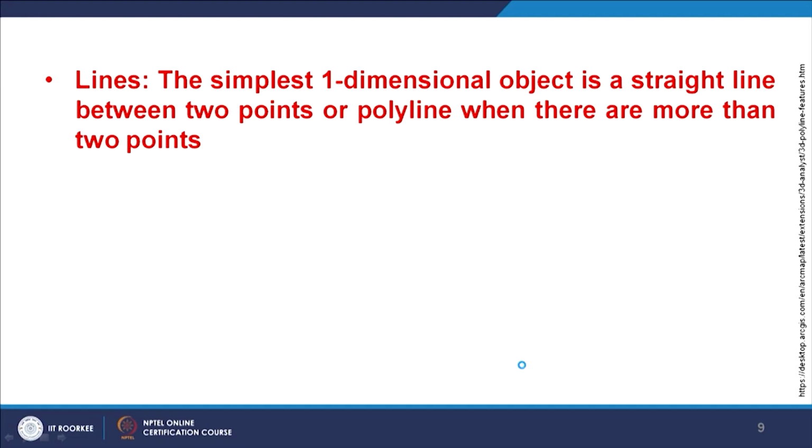But if it is a polyline, as in the example I showed, we had one begin point, one end point or node, and in between we also had 3 internodes. So that is called a polyline.